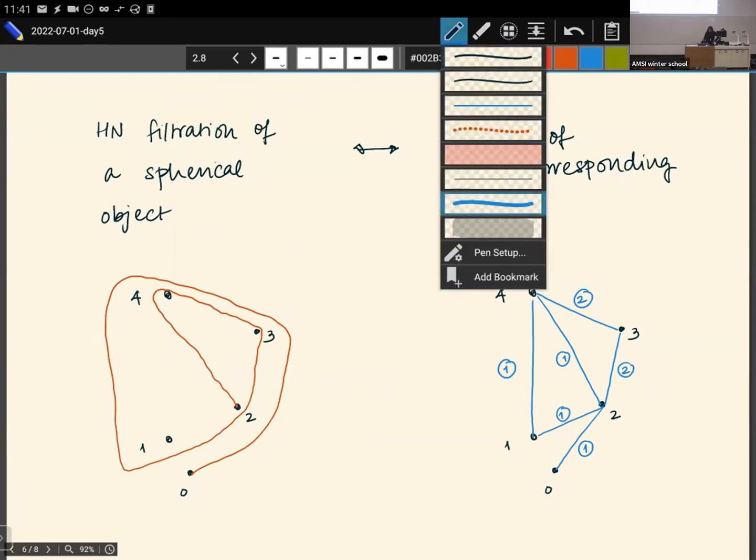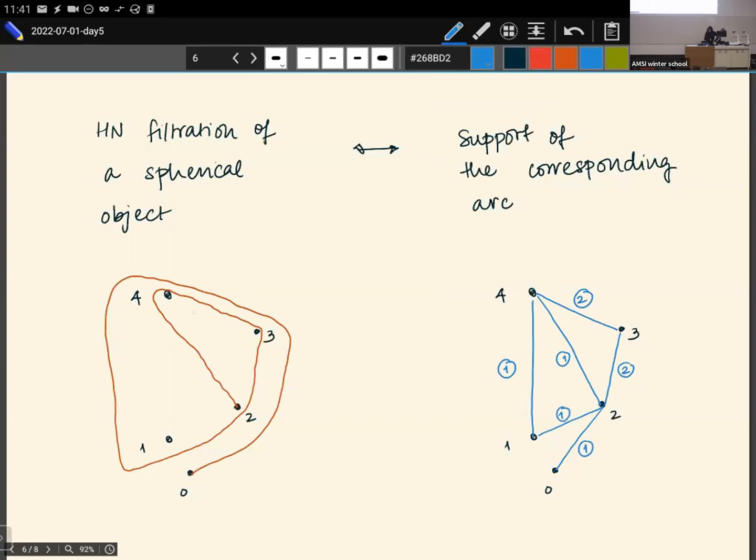So you figure out, if you pull this arc tight, which of the edges show up. So maybe this one shows up, etc. So I've drawn that on the right. And not only that, you can do a bit better. You can say that some edges show up twice. You can write down the multiplicities on each edge. So this one shows up twice, etc. And others show up once.